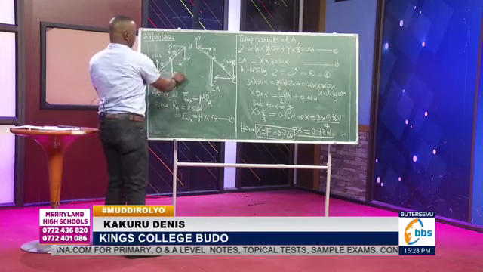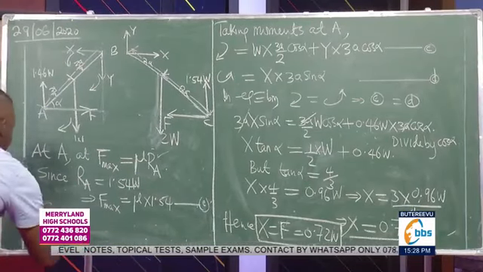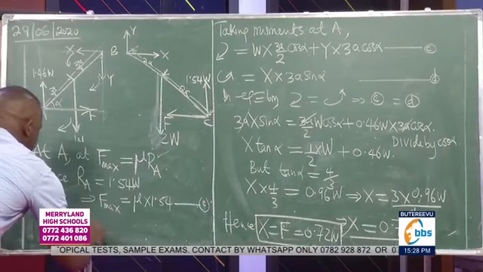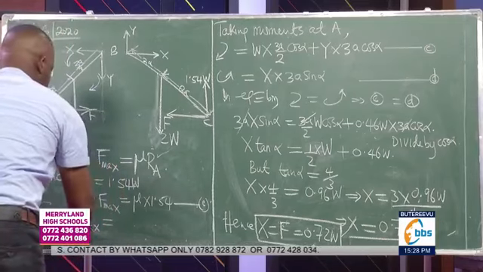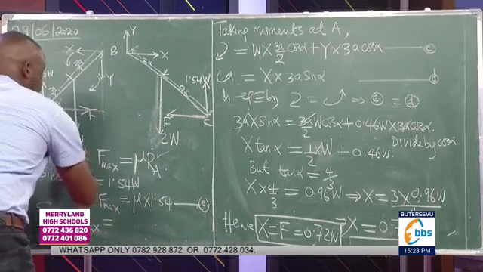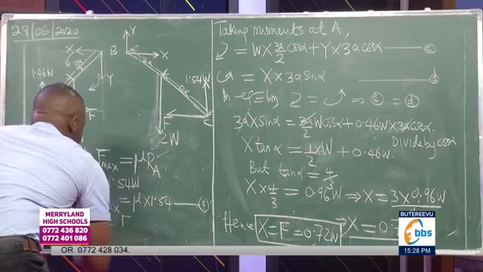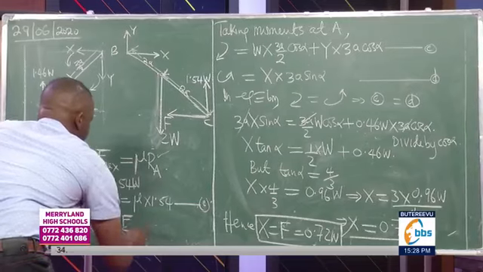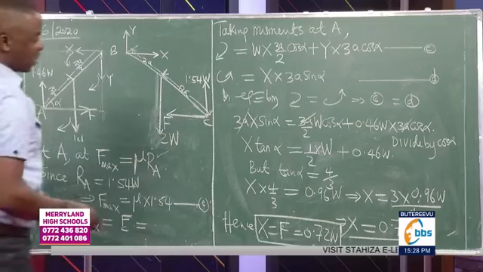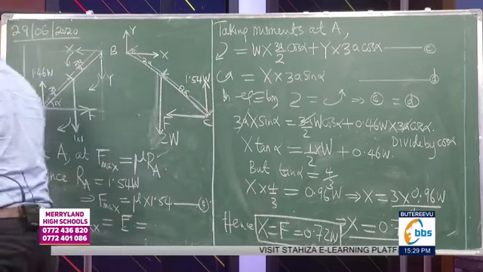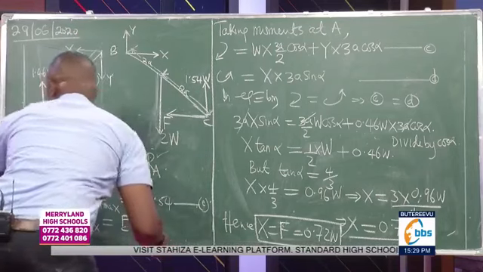Since this F is equal to the force there, then F max, that is at A, should also be equal to FC. And fortunately, we have the value of F already. So those two are supposed to be equal to FC if the rod is about to slip.